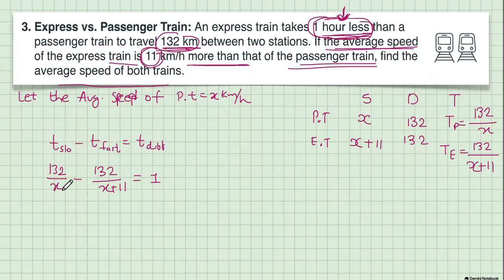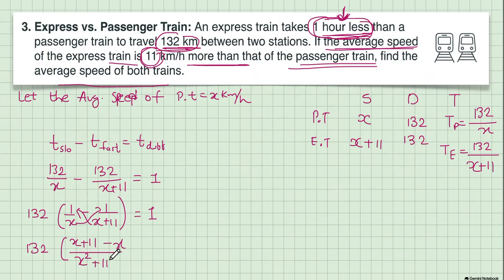Same thing, 132 will be taken common. So inside the bracket, 1 by x minus 1 upon x plus 11 is equal to 1. Do the cross multiplication. So 132 into x plus 11 into 1, which is x plus 11, minus x into 1, which is x, upon x into x plus 11, which is x square plus 11x, is equal to 1.